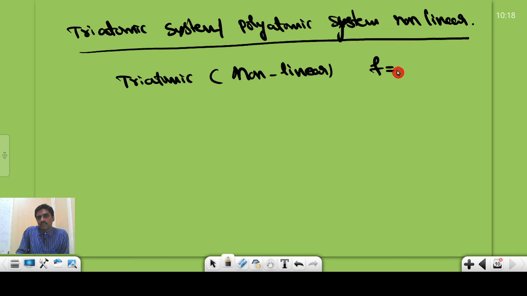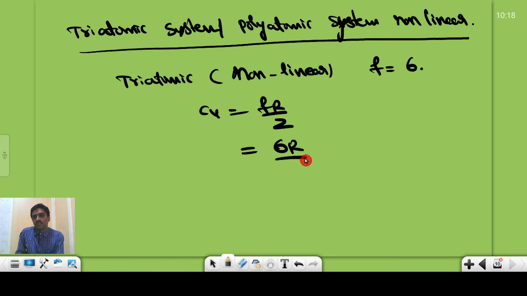The f value is 6, so the degrees of freedom are 6. Then what is the Cv value? Cv is equal to fR by 2. Substituting, that is equal to 6R divided by 2, which simply cancels to 3R. Cv is equal to 3R.